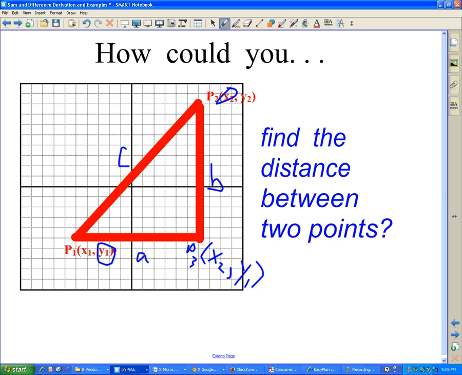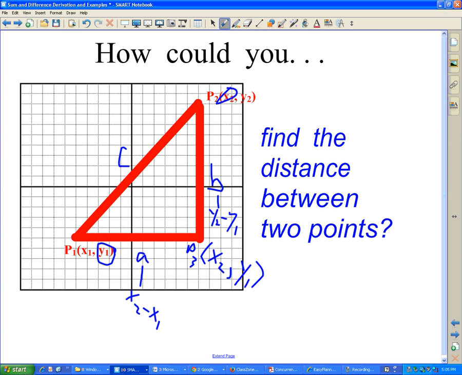And so we can determine that A is going to be x1 subtract x2 or x2 subtract x1. It doesn't matter as long as you take the absolute value. That distance will be consistent, and the B value is going to be the same idea, y2 minus y1.